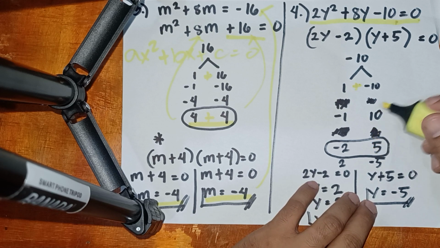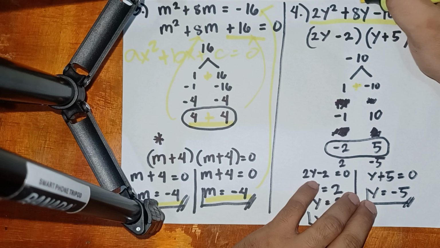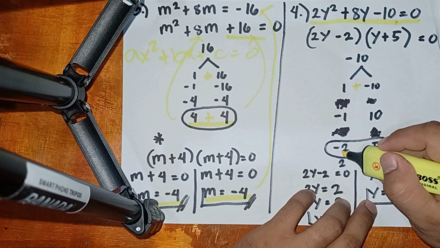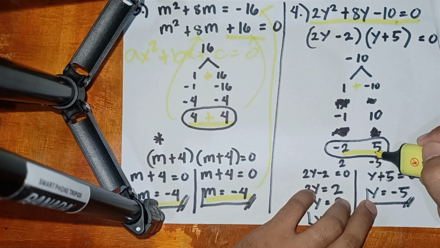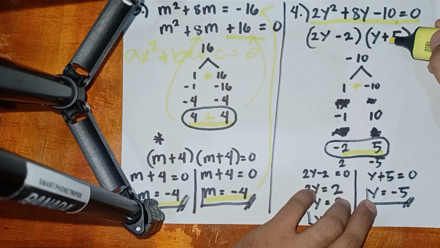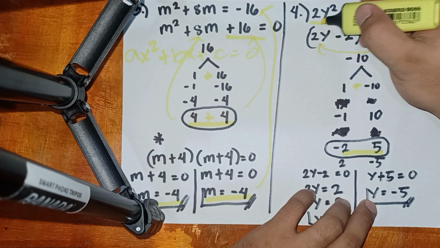So if we're going to check the value of the second term, this is positive. So that means that the right factor that we're going to use would be this one, because if we're going to do a trial and error checking, that would be 2y times y, that will result to 2y squared.